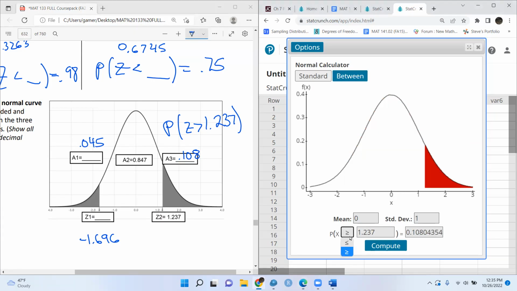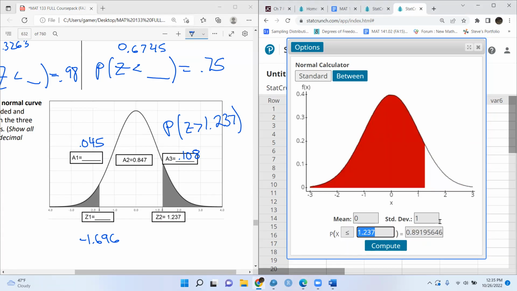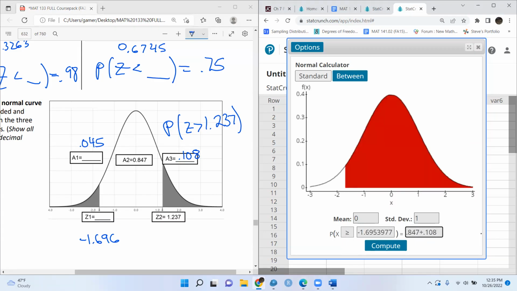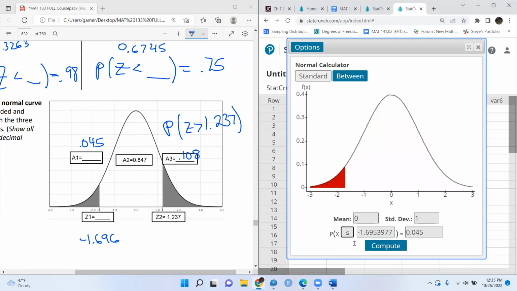I could also do a greater than to calculate this and put together these two areas, which is what I had in my calculator that I closed already. That was the 0.847 plus 0.108. So there's the 1.696. It's a little bit off because this was rounded. And then I could also use the less than with the 1.6953977 or this z-score to get that area. Those are a bunch of different ways to get these 3 answers. It doesn't matter which way you used, just that you got these 3 answers.